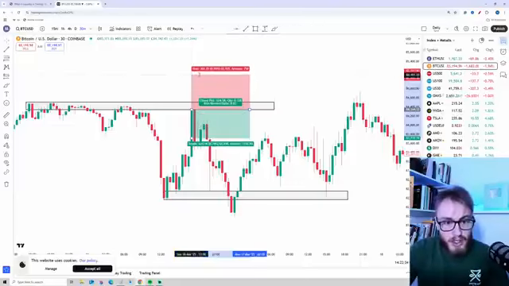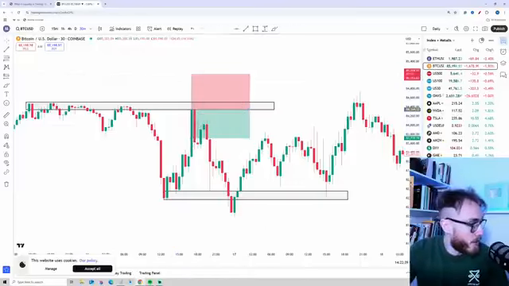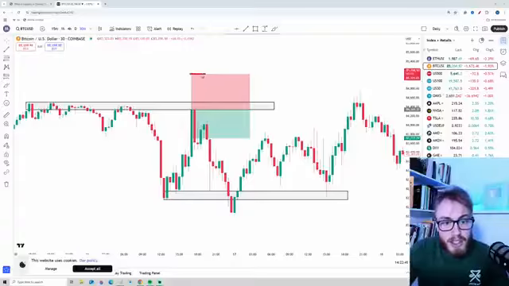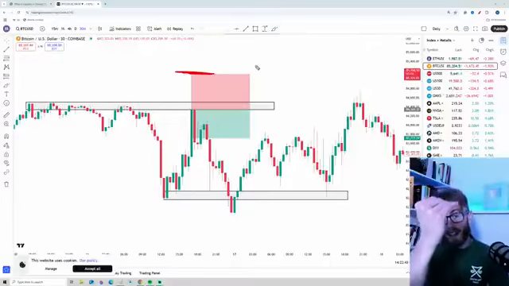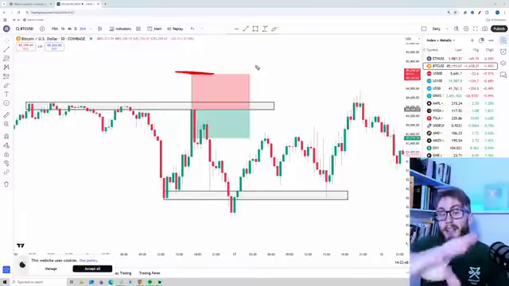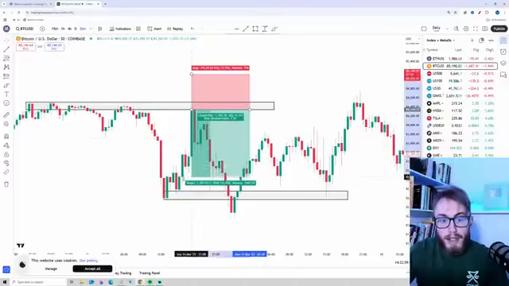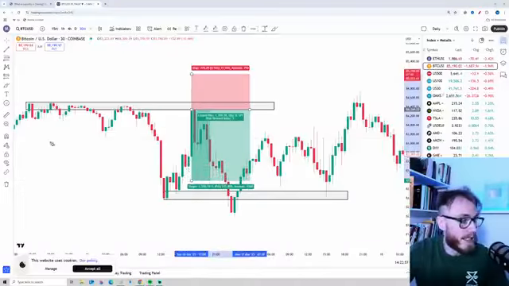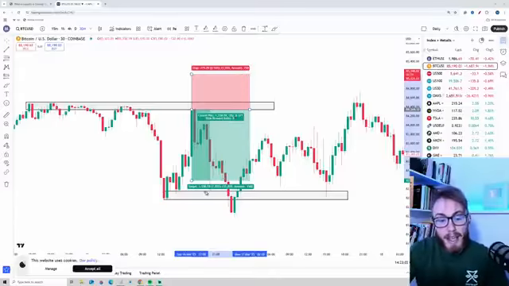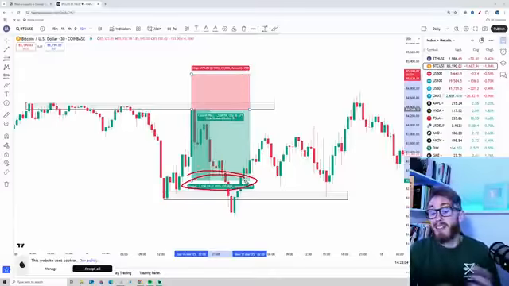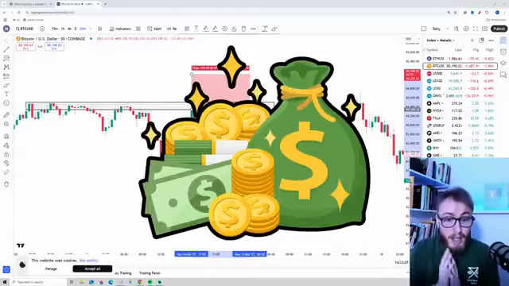And as for the stop loss, by far the easiest and also a great place to set it, I hope you can see here, is just above the wick, the highest point of the wick when we are shorting, and the lowest point of the wick when we go long. So we set the stop loss just above right here, and using a simple 2-to-1 risk to reward, which means that the green area here is twice as long as the red area, we would have our target right here. And as you can see, this trade played out perfectly.